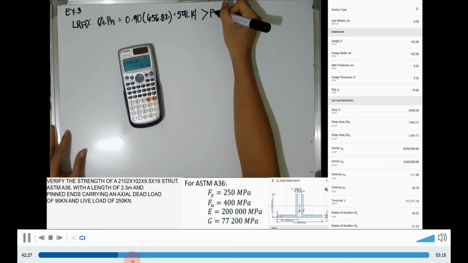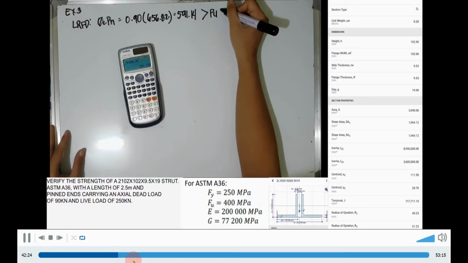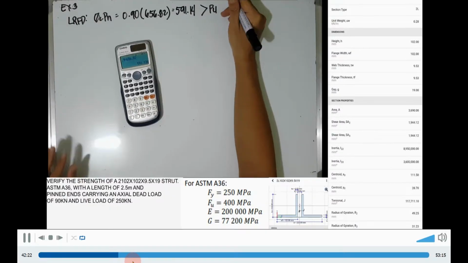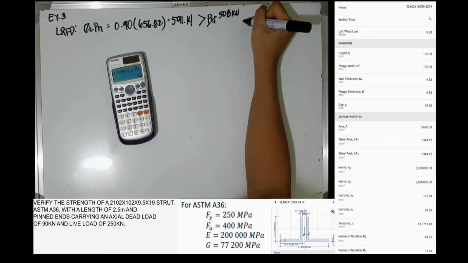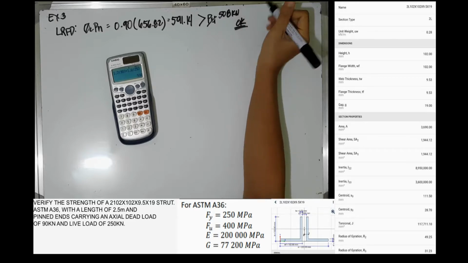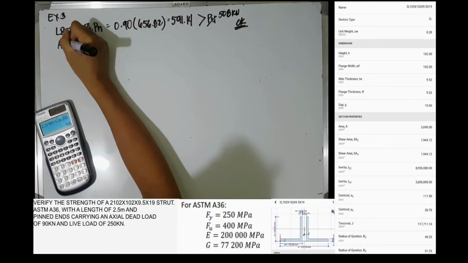And comparing it with our Pu, which is only 508 kilonewton, we can say that the section is safe.